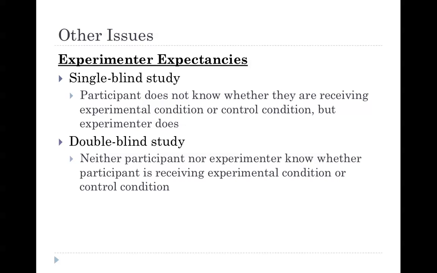And this is a very effective way of removing experimenter expectancies, such that if the experimenter does not know which condition they're in, they can't actually influence participants. So here, if participants were in a happy or a sad condition and they didn't know, and neither did the researchers, we really are eliminating any type of experimenter expectancy.